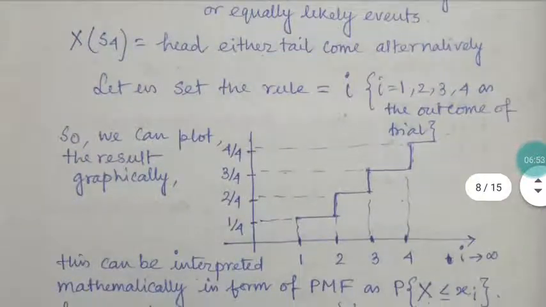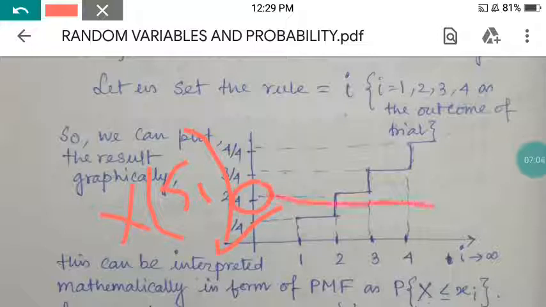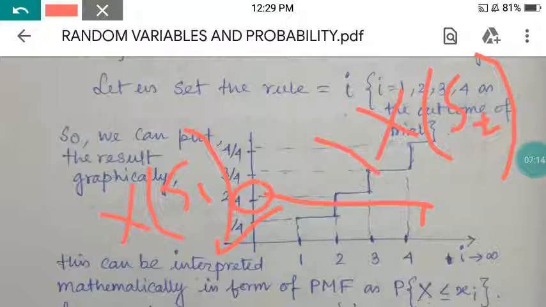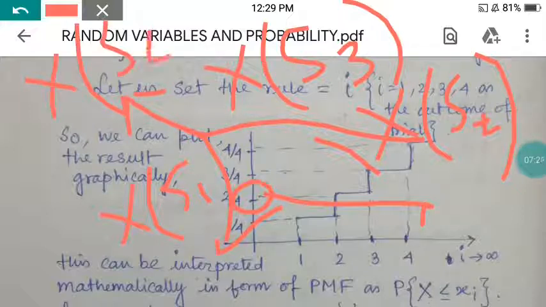So what we will be getting is this one is x of S1, and for this value, it is representing x of S2, and this is representing x of S3, and this is representing x of S4.